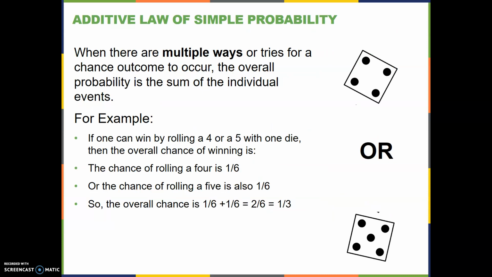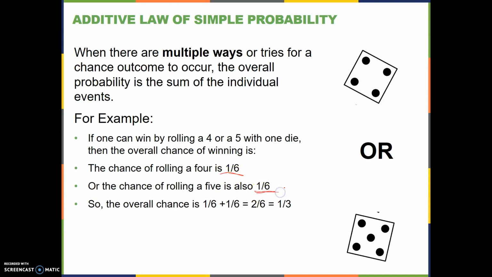And then when there are multiple ways or tries for a chance outcome to occur, the overall probability is the sum of the individual events. So if we're still looking at examples with dice, if you can win by rolling a 4 or a 5 with one die, then the chance of rolling a 4 is 1 out of 6, the chance of rolling a 5 is 1 out of 6.